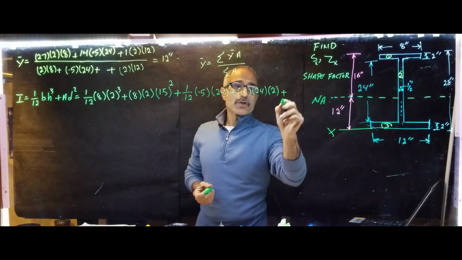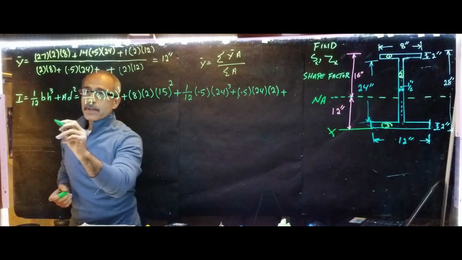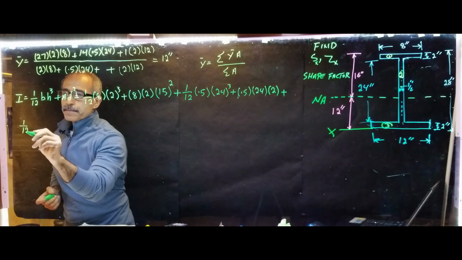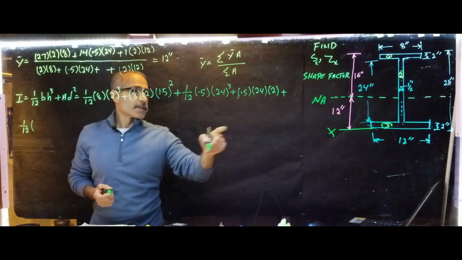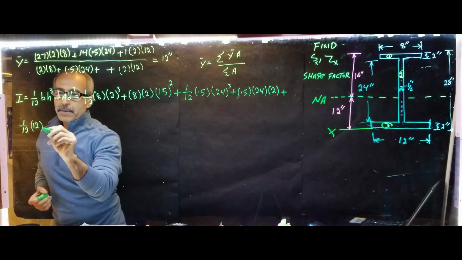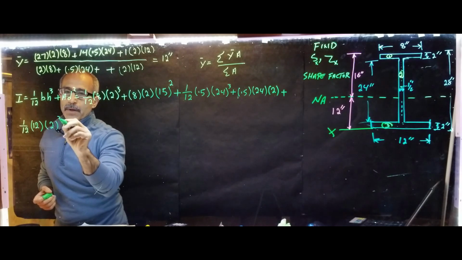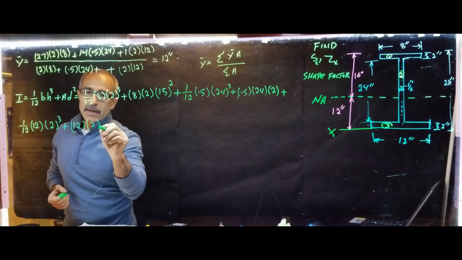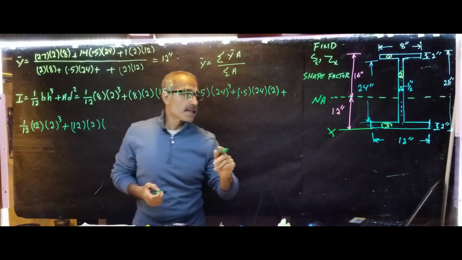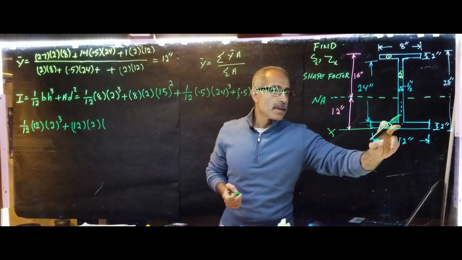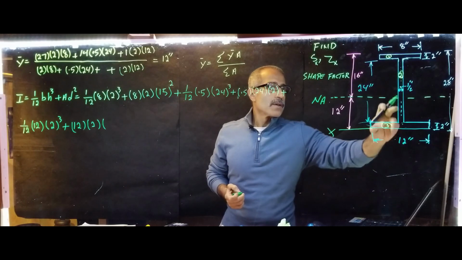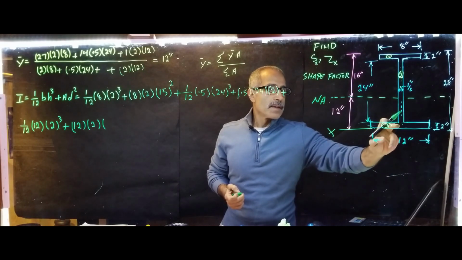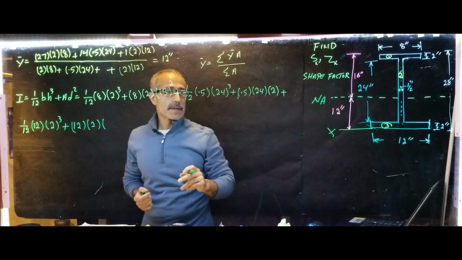Then plus, let's go to shape number 3, which is 1/12. My B is 12 inches. My H is 2 to the power 3, plus A is 12 times 2. And D is the distance from the center of this shape to the neutral axis, and that will be 11, right?